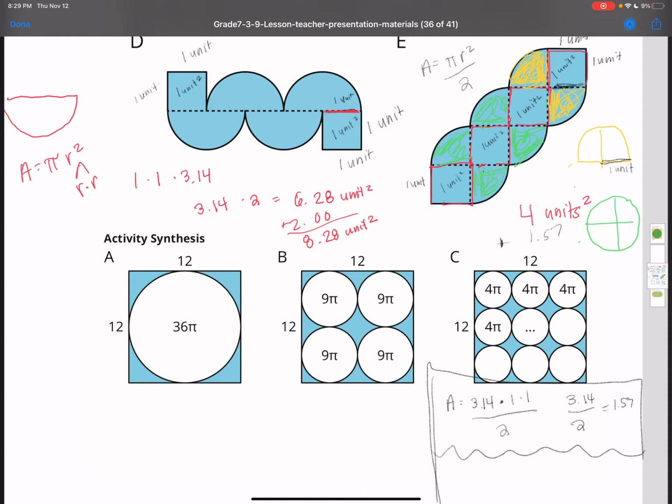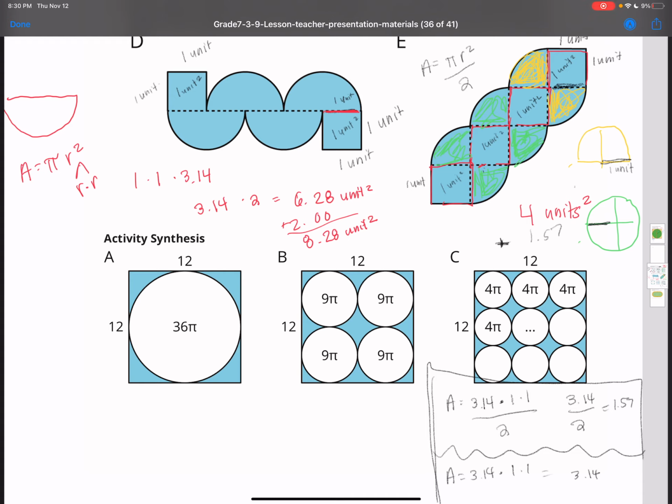All right. Then the next one is the same thing, but it's dealing with a whole circle now. So we don't have to divide by 2 because it's a whole circle. So what we're going to do is area is equal to 3.14 times 1 times 1. Okay, and it should be 3.14. Okay. So now what I want to do is add all of my values together, okay?